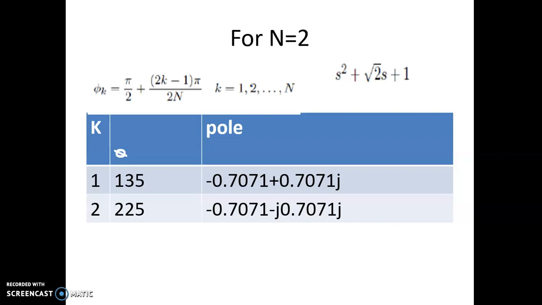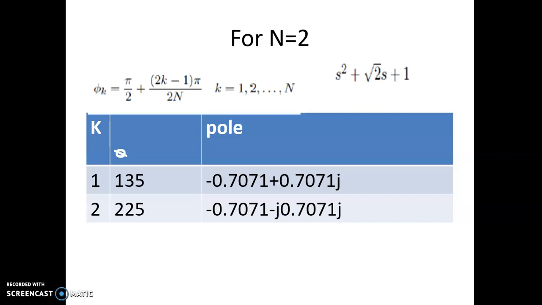And likewise, if n is equal to 2, you can obtain phi k is equal to pi by 2 plus 2k minus 1 into pi by 2n, and what you are going to get is two angles, 135 and 225. So if you take cos of 135, it will be minus 0.7071, and sine of 135 will be plus 0.7071.